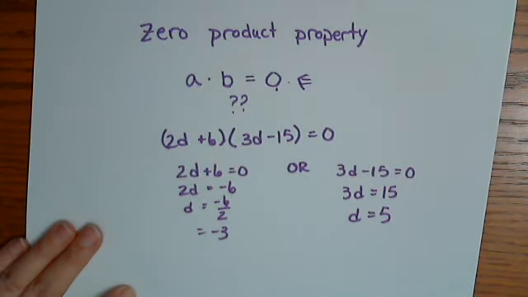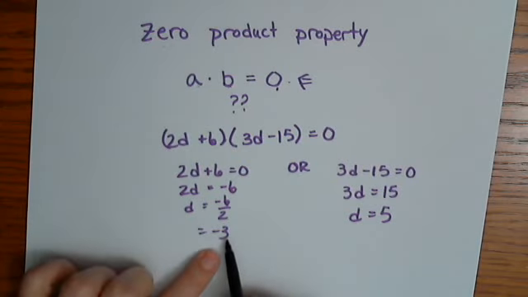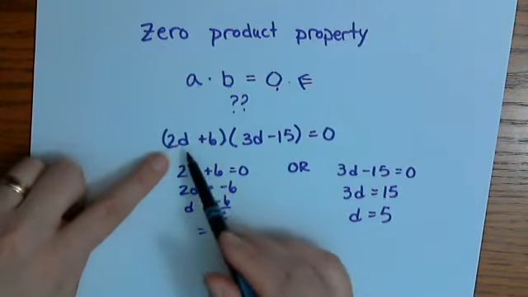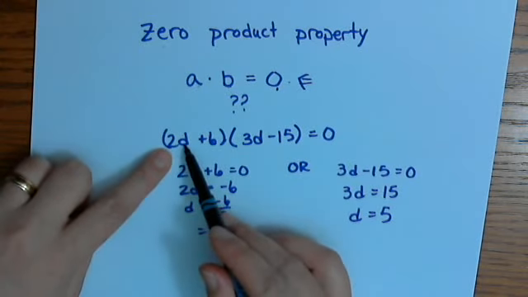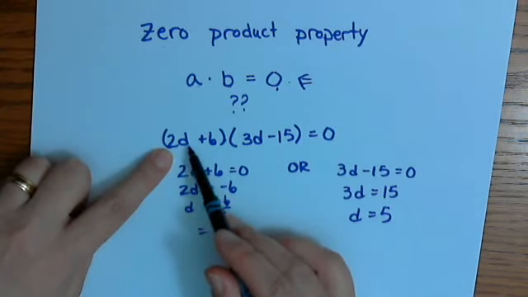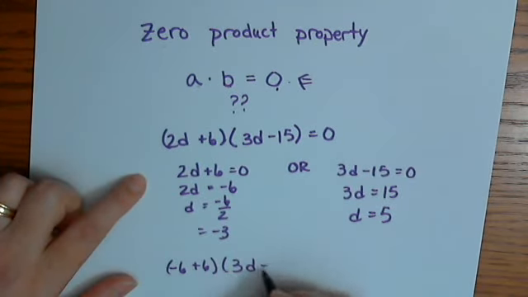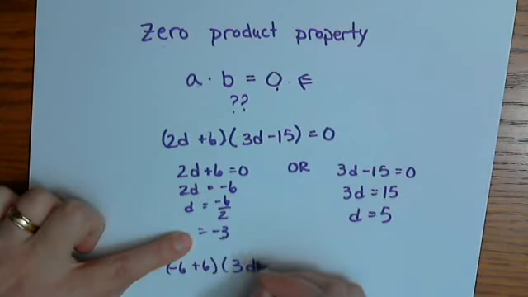Well, what does that mean? If I substitute that negative 3 in for D up here, I get 2 times negative 3, which is negative 6. Negative 6 plus 6 times, well, whatever, we said D was going to be negative 3, so I'm going to make that a negative 3.